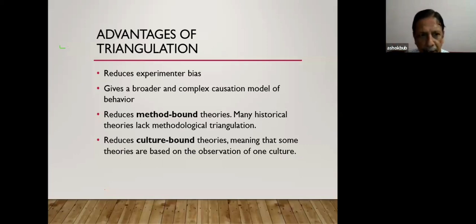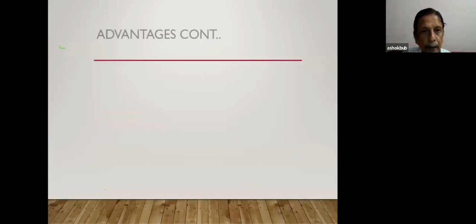That's an advantage of triangulation. It also reduces culture-bound theories, meaning that some theories are based on the observation of one culture. I was giving an example of space triangulation, which helps in avoiding or reducing the impact of the culture factors.